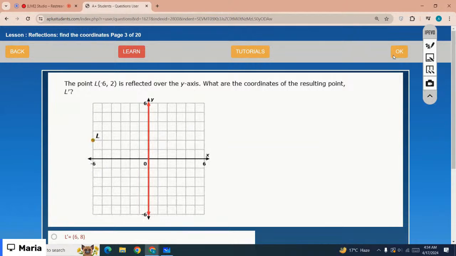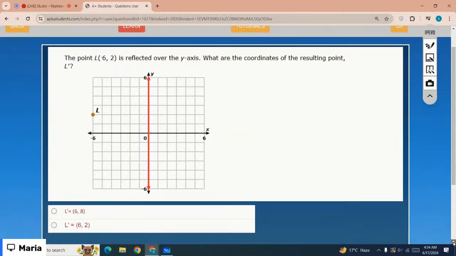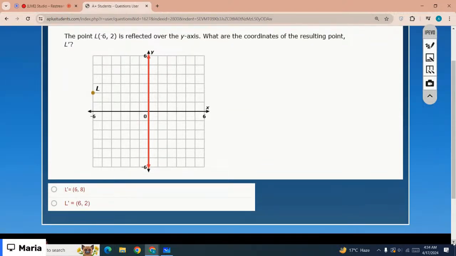The point L negative 6, 2 is reflected over the y-axis. What are the coordinates of the resulting point? The correct option is 6, 2.